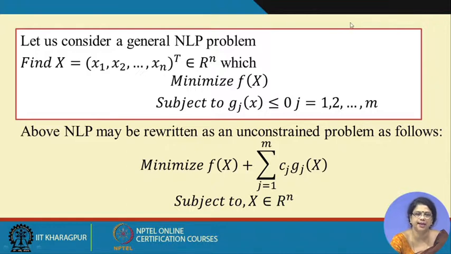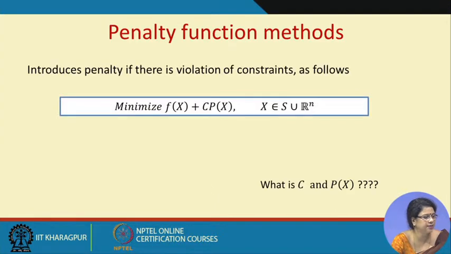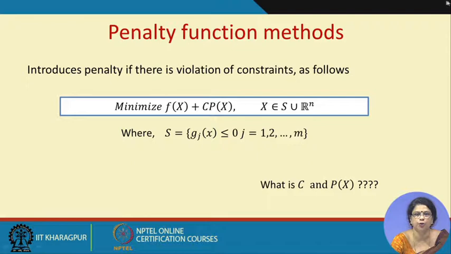There is one set of functions for the exterior penalty function method, and there is another set of functions of Gj(x) in the interior penalty function method. That is why let us first discuss the penalty function method, where we have the form f(x) plus c p(x), where p(x) is the penalty function, and p(x) is a function of Gj(x).